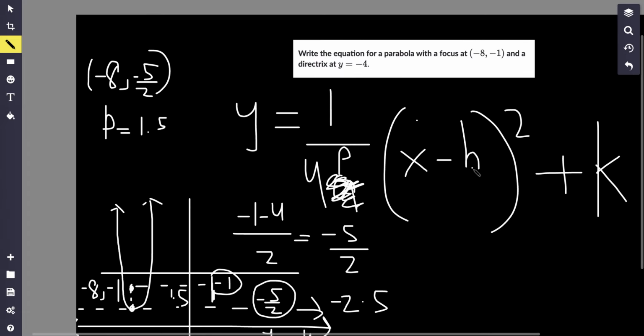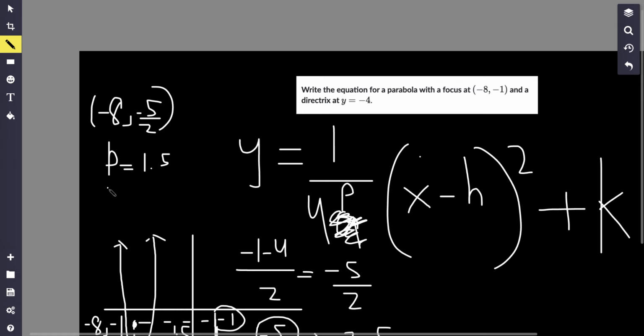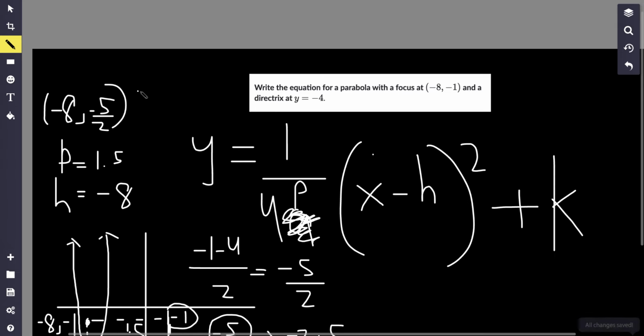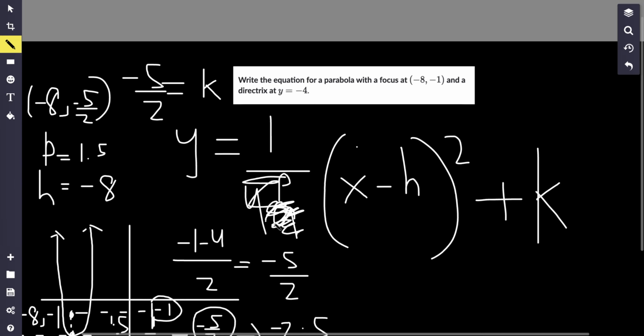We know that h, the x value of our vertex, is -8, right? So h is equal to -8, and k is equal to -5/2. That's the y value of our vertex. So now we could just plug everything in. So 1/4 times 1.5, which is just 1/6.